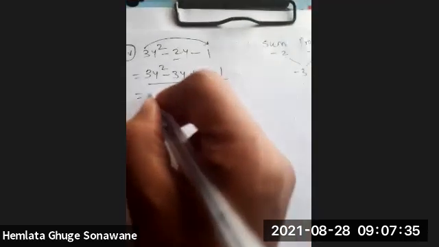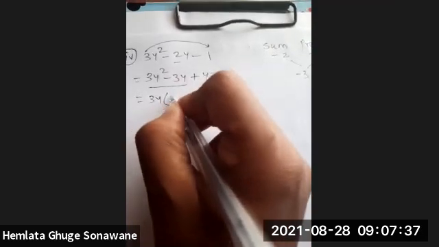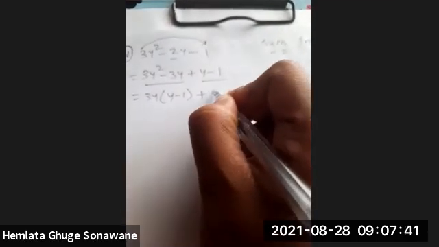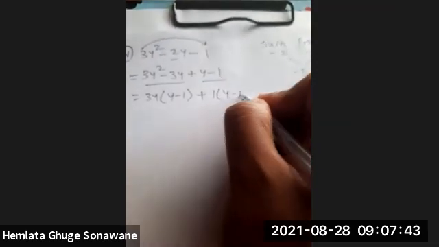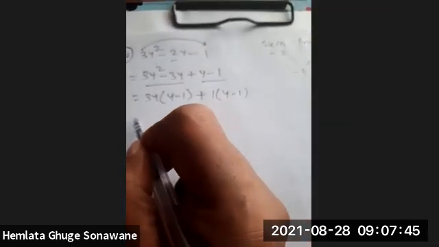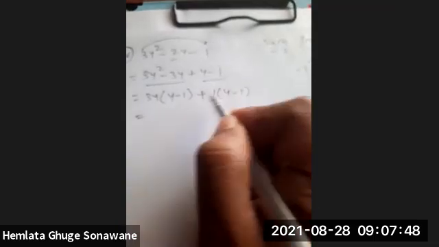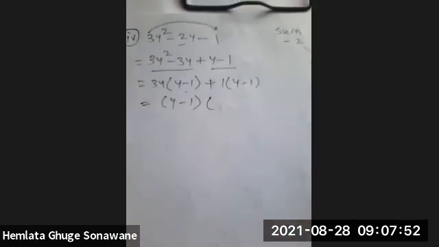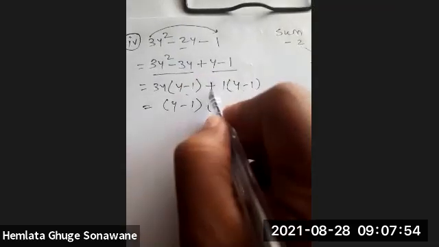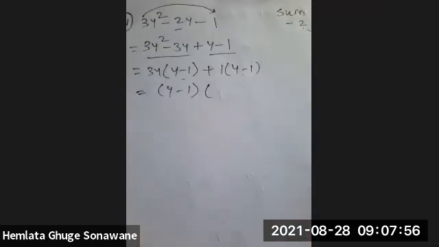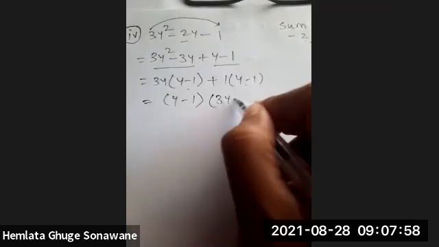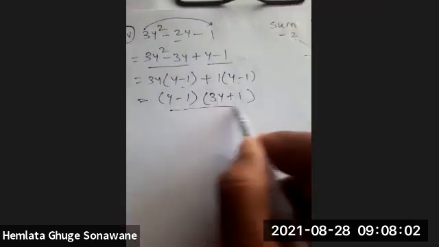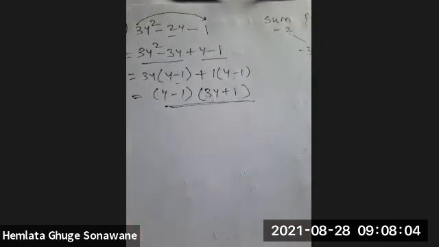We'll take 3y common, y minus 1, plus 1 and y minus 1 remains as it is. We'll write y minus 1 in one bracket and then 3y plus 1 in another bracket. Okay, so these are the factors of the given polynomial.